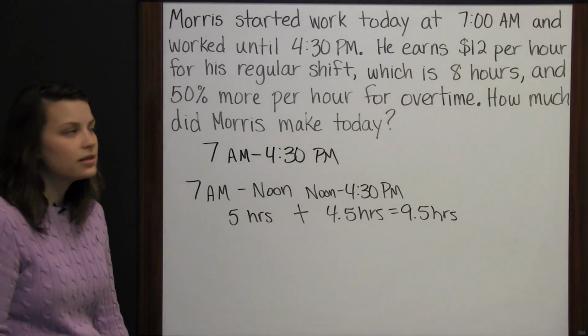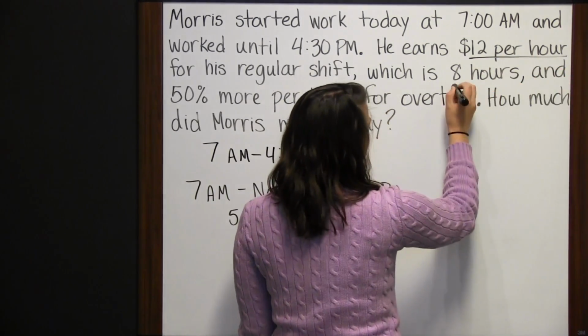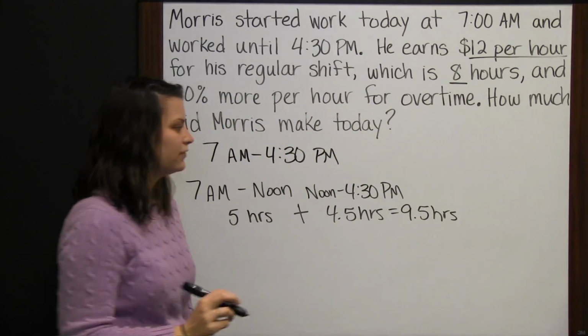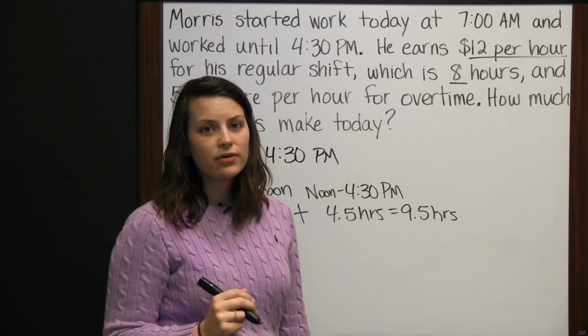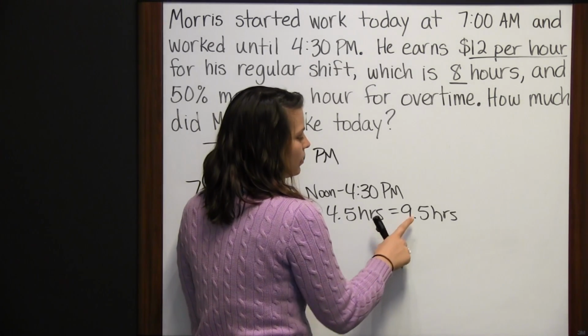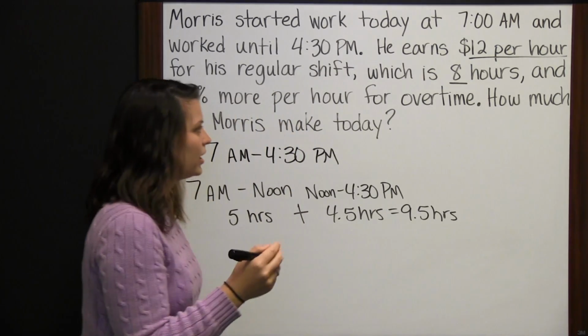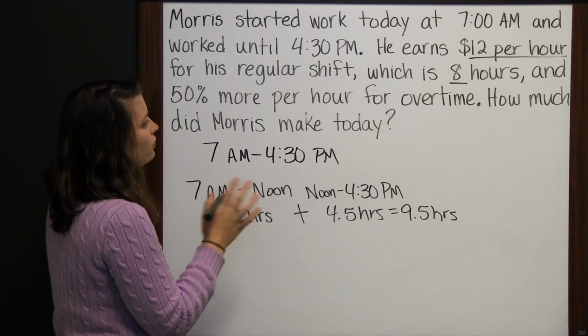Now they told us that he makes $12 an hour for just his regular 8-hour shift. So for 8 of these hours, he made $12 an hour. And the rest, the leftover, so 1.5 hours, would be his overtime.